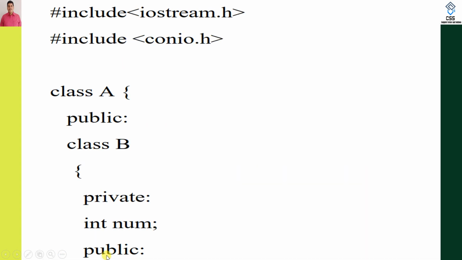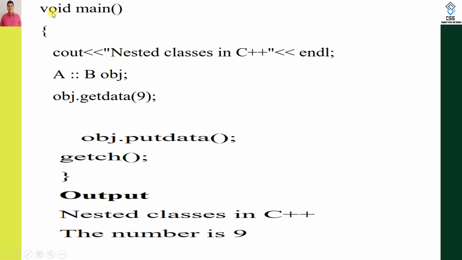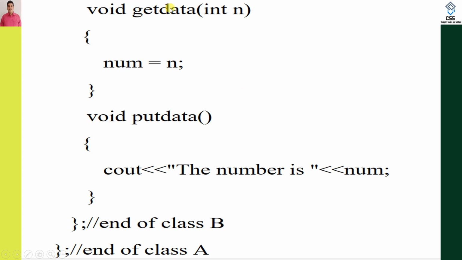Here you have to remember, without the help of class A, we cannot enter class B. So how will the object be created? A followed by scope resolution B, meaning within class A, class B is there, then it's an object, meaning we create the object obj of class B. Object dot get data, where does it reach? It reaches here.